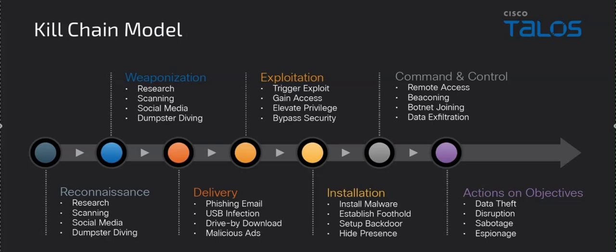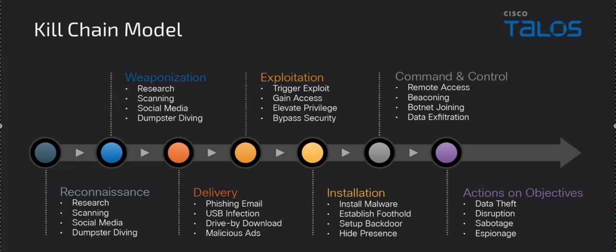And actually, another stage we have is exploitation. The exploitation, the initial access, in here is to gain access, trigger the exploit, elevate privilege, and bypass security. So actually, the exploitation means how you exploit the company.